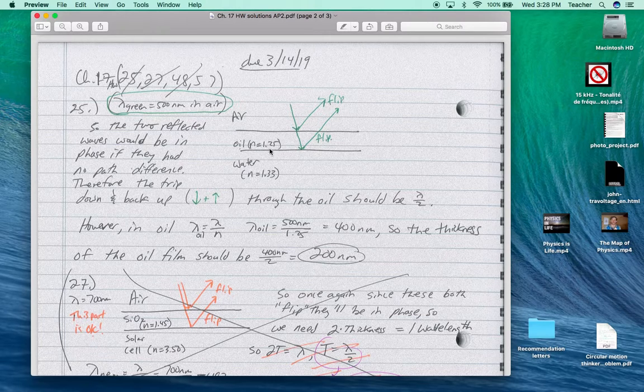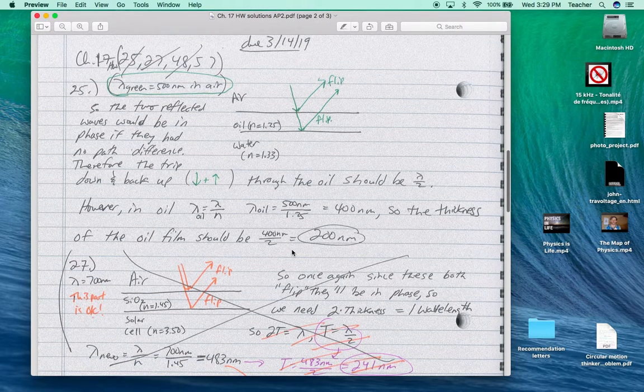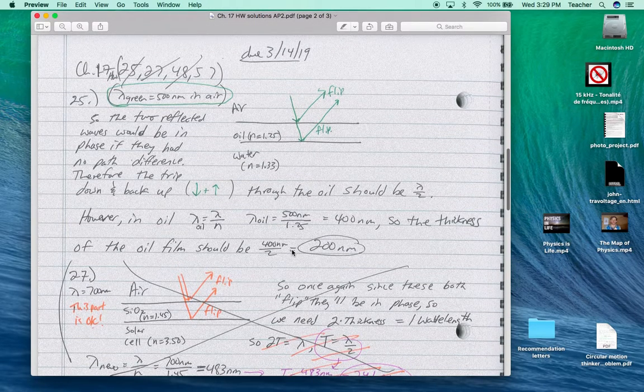So therefore this thickness, 200 nanometers. Okay. I'm not confident on that. I might have to go back and look at that for just a minute. Actually, now I think it's constructive interference. Darn it.